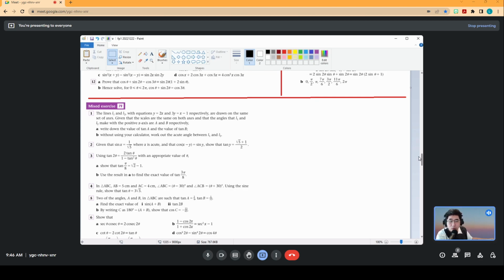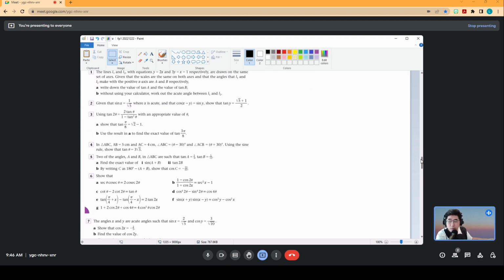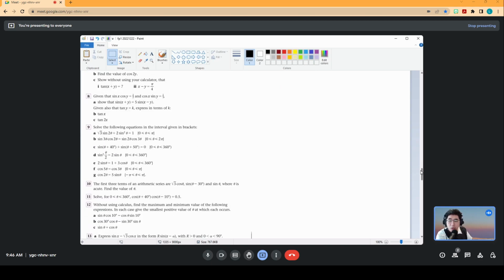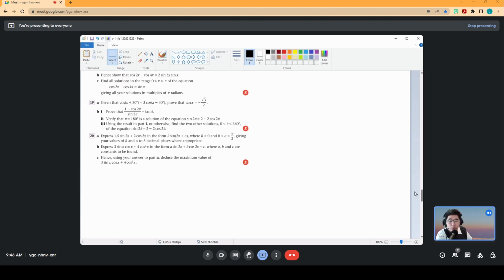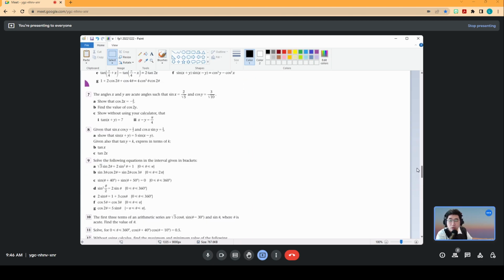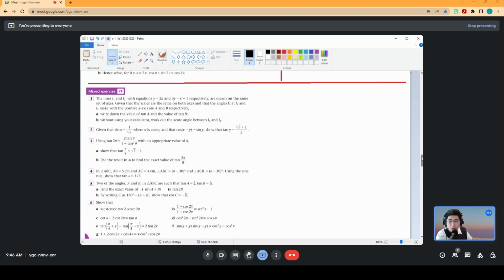It is important when it comes to mixed questions that you must be able to justify what formula to use, what formula not to use, and so on. So it does require students to be familiar with the formulas. Let me put in the answers as well.